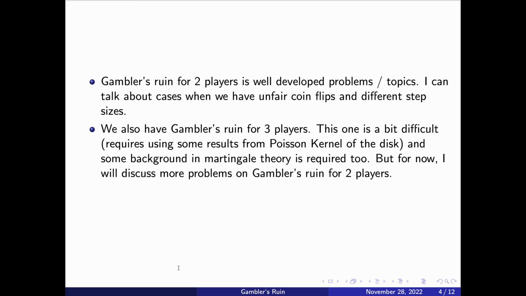I know it's a bit difficult, but I can talk about this in future videos. So for now, I will talk more about the Gambler's Ruin for 2 players. We will also talk about finding the average time for this game, and that will be using, I think, conditional expectation. So I will talk about conditional expectation. And right, so let's look at a few more problems in this Gambler's Ruin problem.